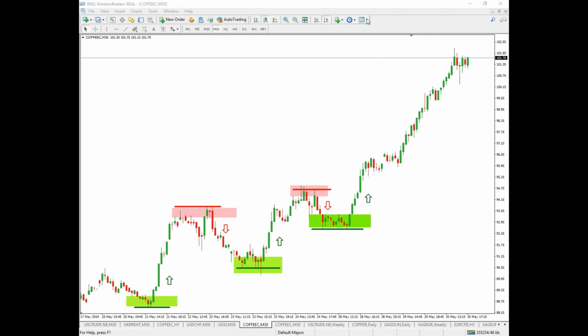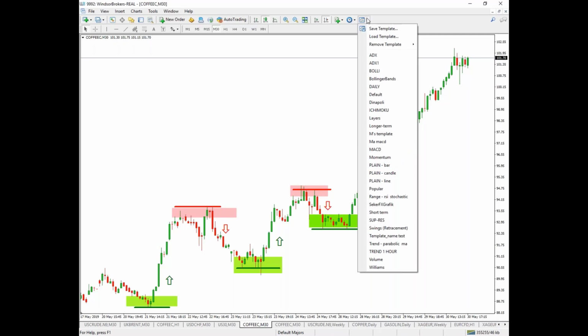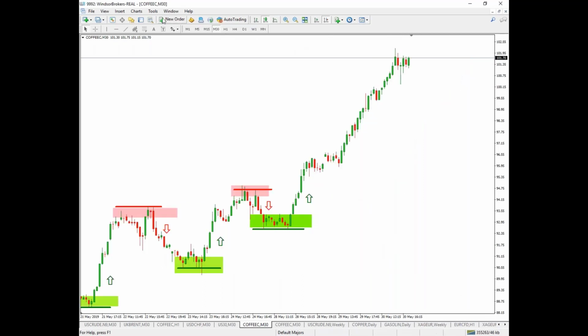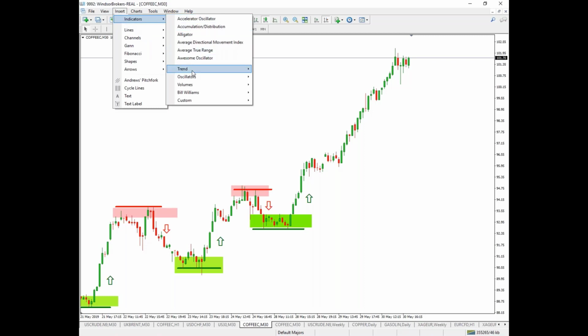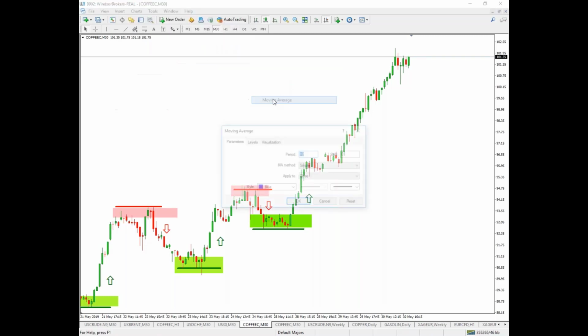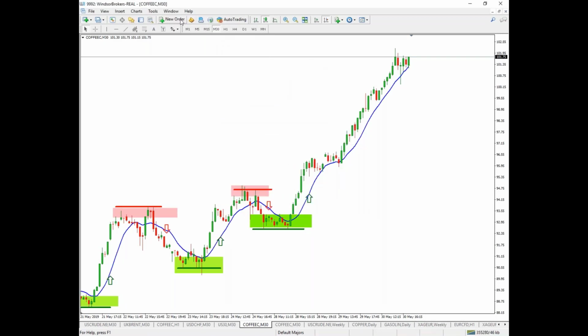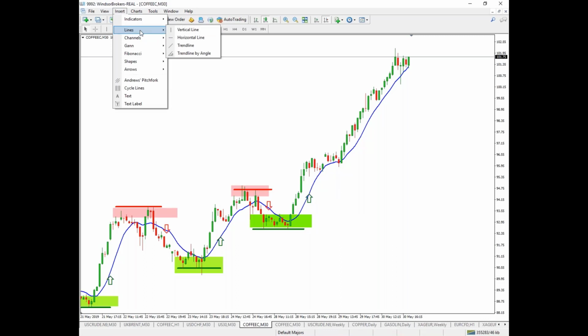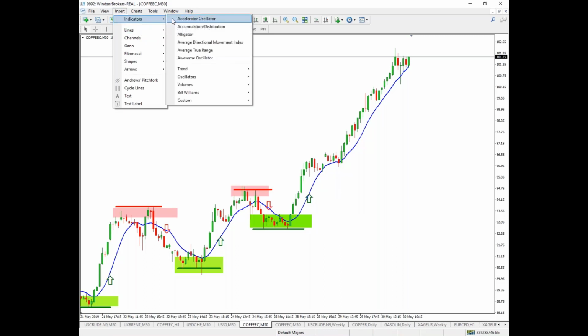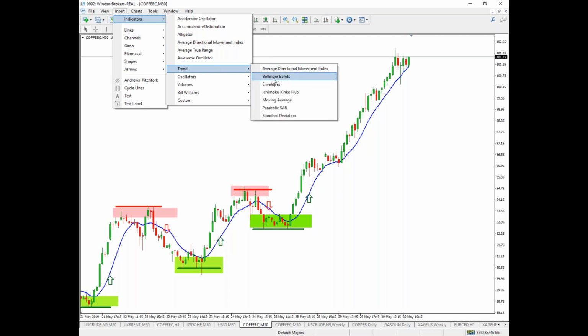So let's add some indicators to see how things will be moving, what we can expect in the near term. Let's put some moving averages that will give us dynamic support and resistance levels.